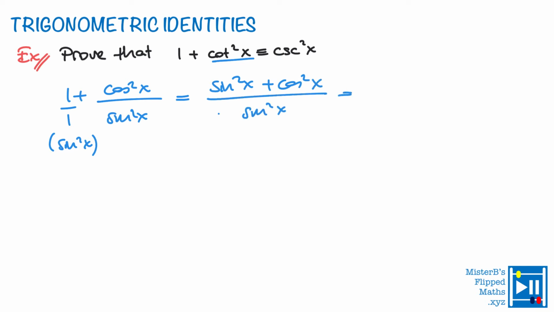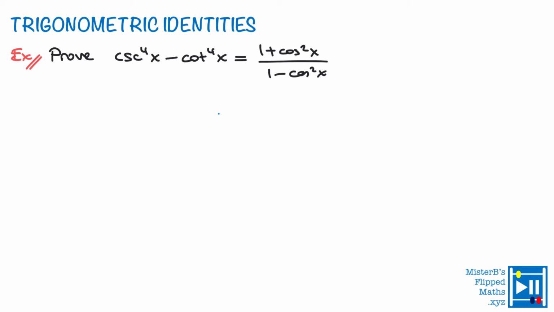Well, the top part is 1 as we know, right? So it's going to be 1 over sine squared x, which means cosecant squared x. You can also show that these two expressions are equivalent. Now let's see some examples.